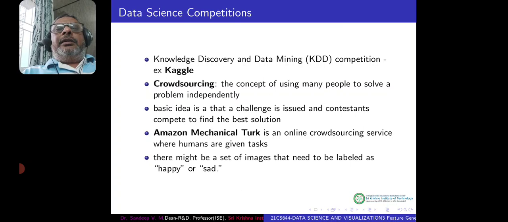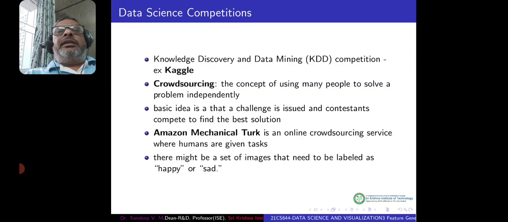So we can engage people through competitions like an online crowdsourcing service, and humans who are interested in such tasks can participate. The more activities they perform and the better they perform, the higher ranking they get.